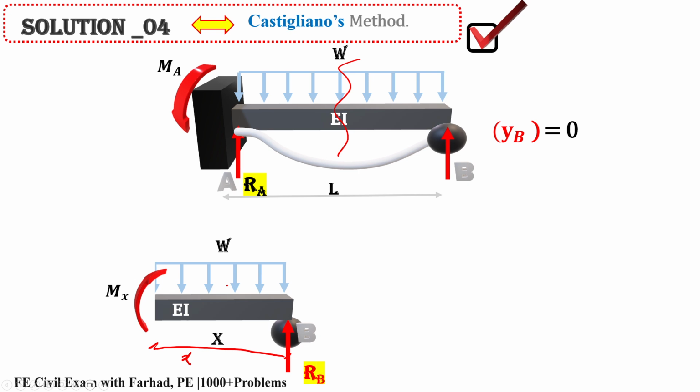Definitely there is a moment created there, Mx. There is a reaction at B and the distributed load W over the length X of our beam. Summation of moments about the cut equals 0, with counterclockwise as our arbitrary positive direction. It gives us negative Mx plus RB times X minus the resultant, which is Wx applied at X over 2, so that's Wx squared over 2.